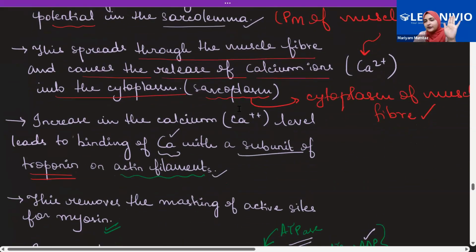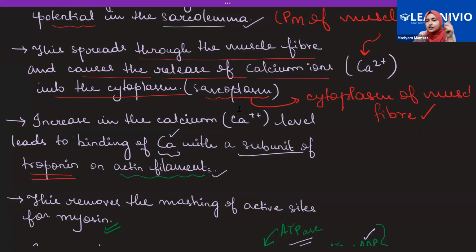So up until now, are you following me? You want to make a move, your brain thinks it, the brain sends the signal back to the muscle fiber with the help of the motor neuron. That signal reaches the neuromuscular junction, as a result of which the neurotransmitter acetylcholine is released.